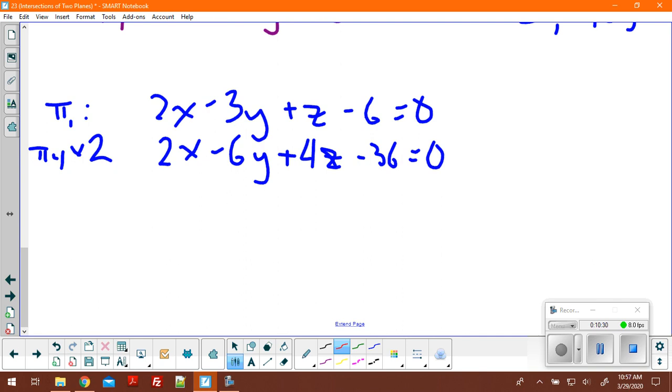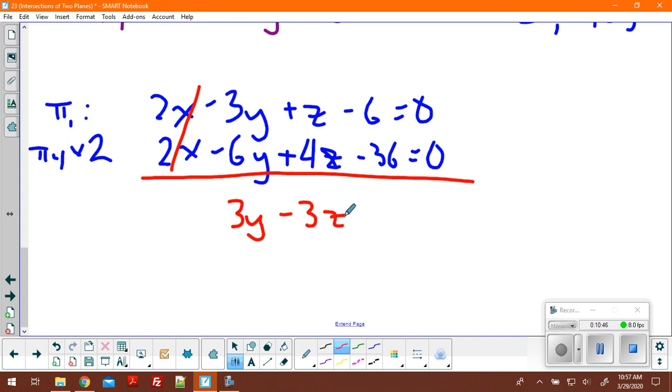Now I go to eliminate. So my x's cancel. 3 minus negative 6 is positive 3. 1 take away 4 is negative 3. Negative 6 take away negative 36, that would be plus 30, and that equals 0.